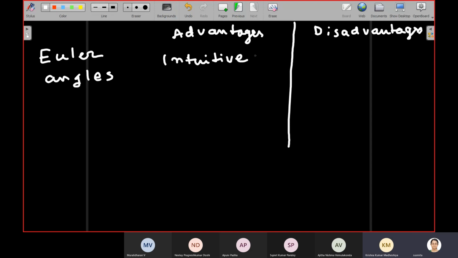We can easily visualize the rotation, right? So as we go from one frame to another frame by applying 3 successive rotations, this actually helps us visualize things. So Euler angles are intuitive, and that's why they help us for debugging purposes.